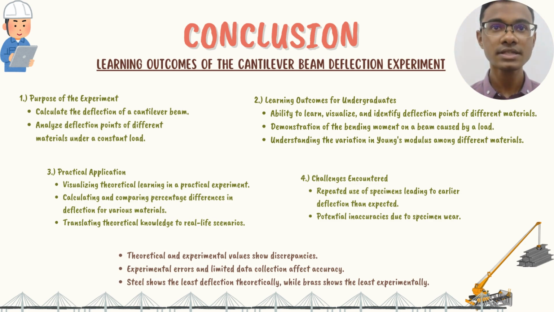Well, this is basically to maximize their ability to learn, visualize, and identify deflection points on different materials. Besides that, the demonstration of the bending moment on a beam caused by a load. Finally, it is all about understanding the variation in Young's modulus among different materials.